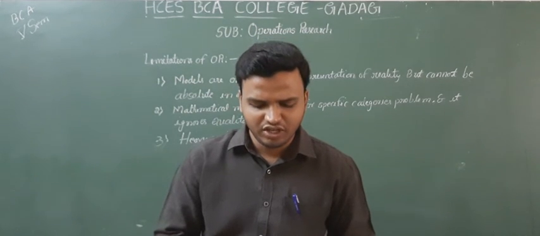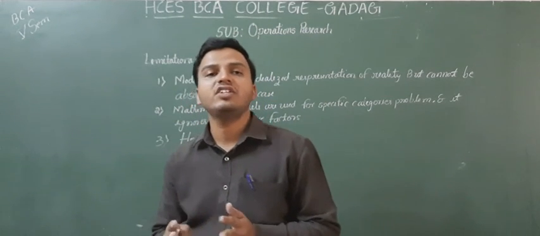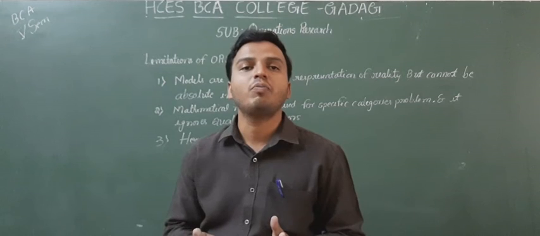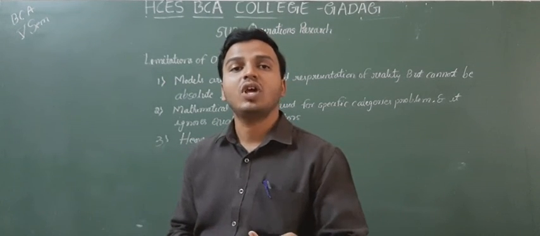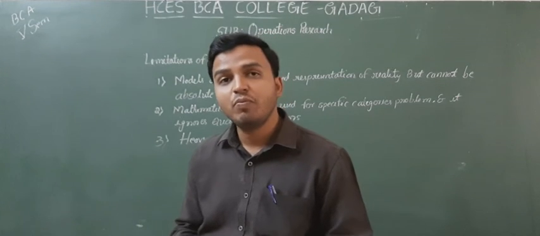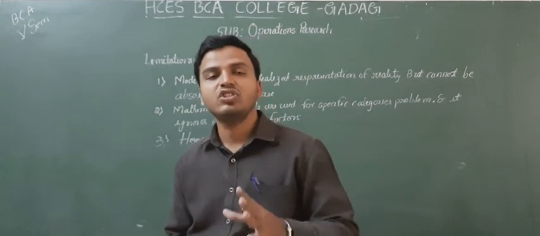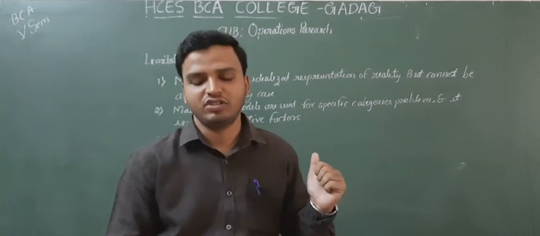Next, it leads managers to use that solution in an optimum manner. It also helps the managers to improve their knowledge as well as skills. So these are the uses of operation research.